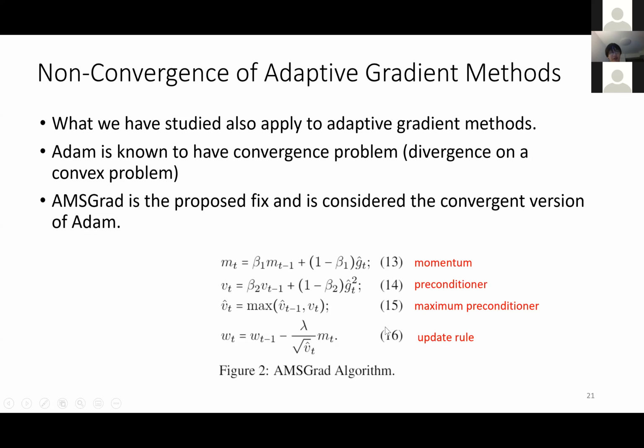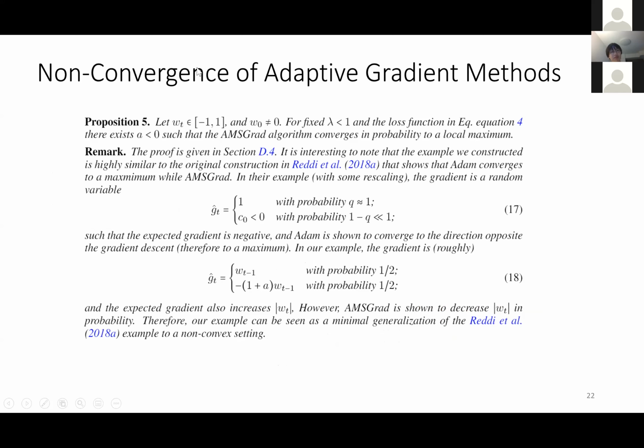convex problem. Proposition 5 basically states that for a constrained optimization problem, if the learning rate is upper bounded by some value, then again, on the loss function we studied in the warm-up example, AMSGrad might not converge.